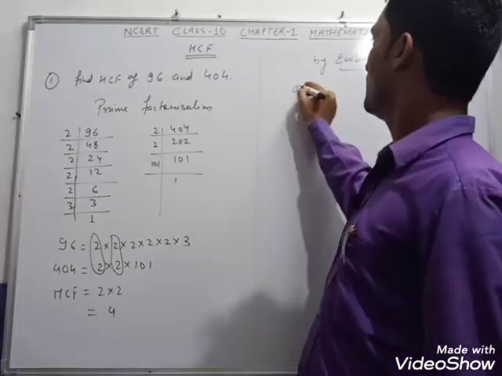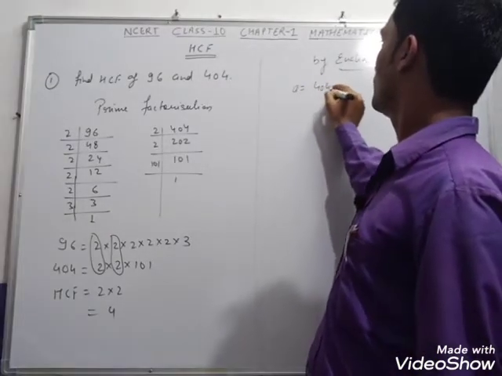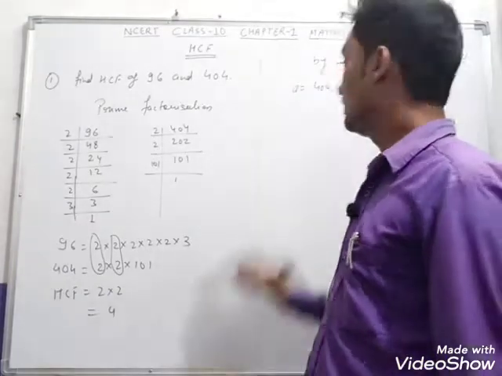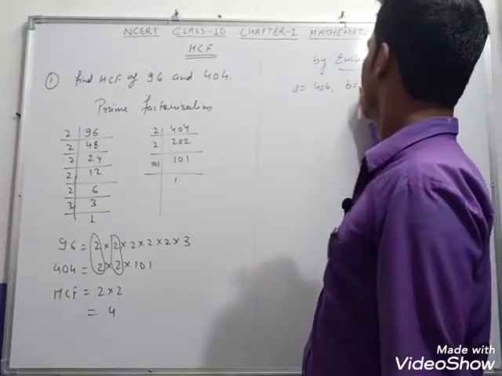So here, as you know, I say A equal to 404 because A must be greater than B, and B must be equal to what? 96.